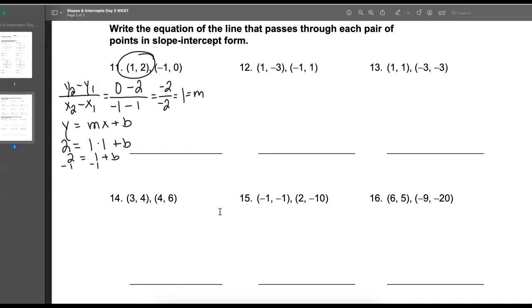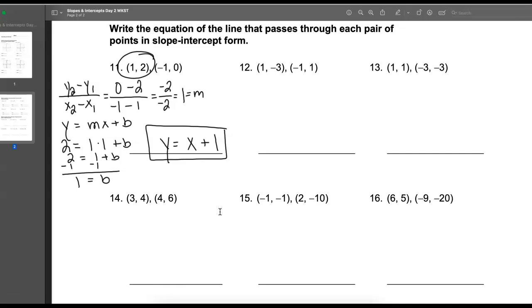Subtract 1 from each side, b equals 1. So what's the equation? y equals x plus 1. Okay. I could put 1x plus 1, right? Because we don't have to put the 1 in front of the x.